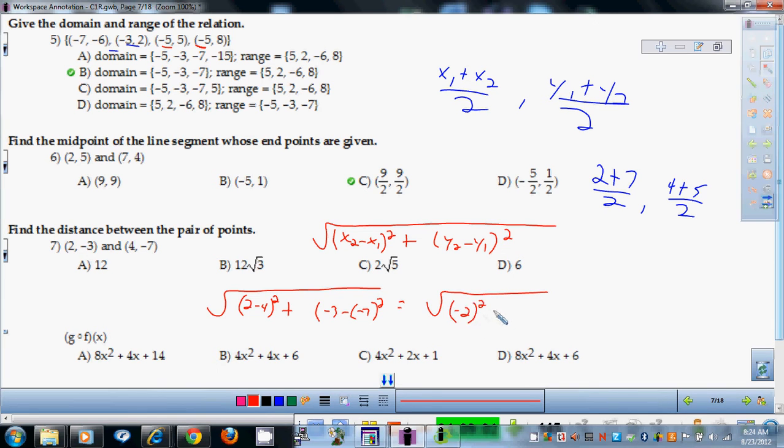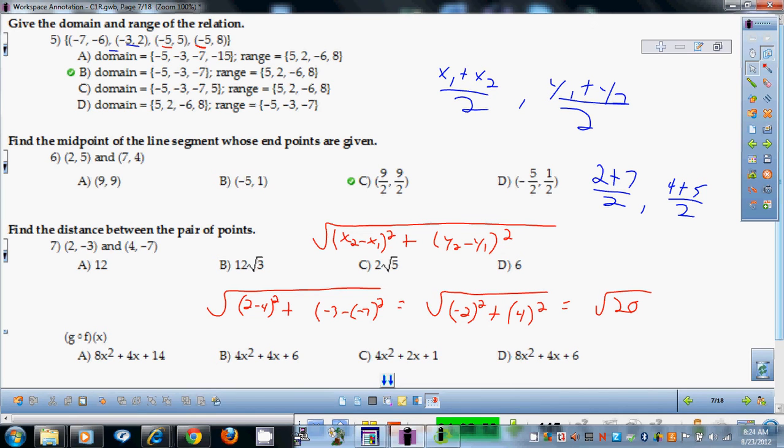And then positive 4 squared, 4 and 16. And what did that reduce to? What does radical 20 reduce to? 2 radical 5. Square root of 4 times the square root of 5, which turns into 2 radical 5. Number 7 is C. Please put that into your clicker.